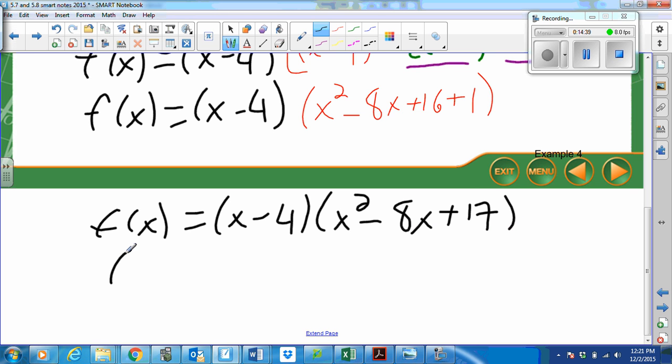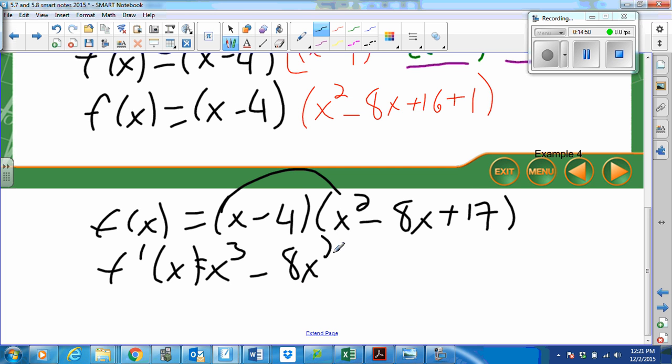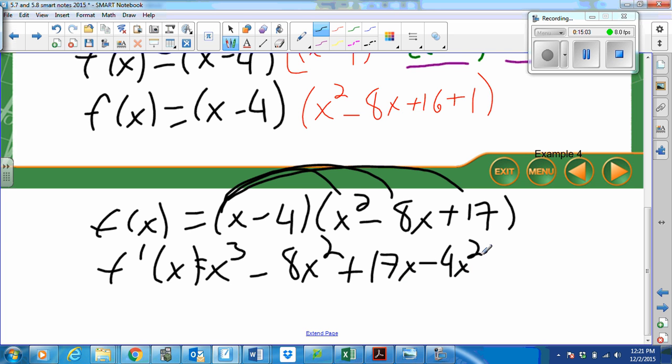Now I can finish multiplying that together. So you can see this is tedious algebra, nothing you haven't had before, but tedious. So f of x equals x cubed minus 8x squared plus 17x minus 4x squared plus 32x minus 68.